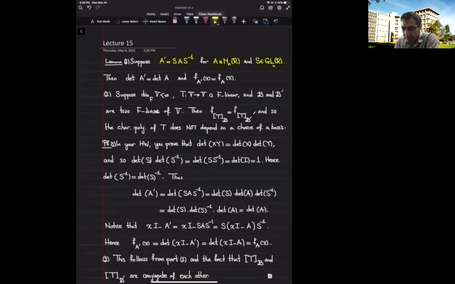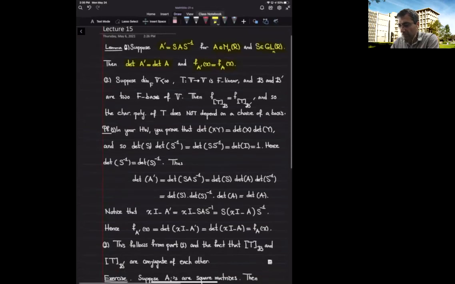In that setting, I want to say that the determinant of A prime is the determinant of A. So the determinant doesn't change after conjugation. And the characteristic polynomial of A prime is the same as the characteristic polynomial of A. The characteristic polynomial doesn't change after conjugation.